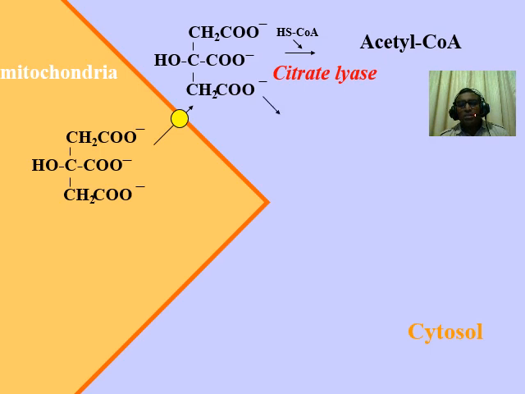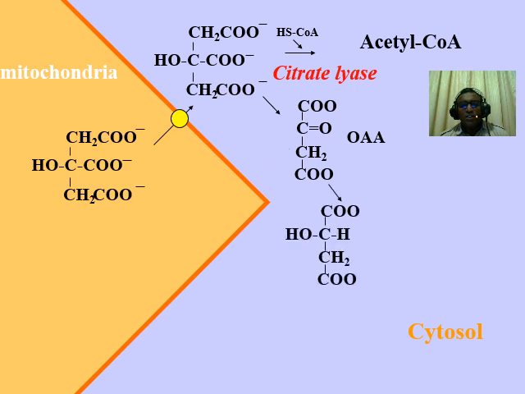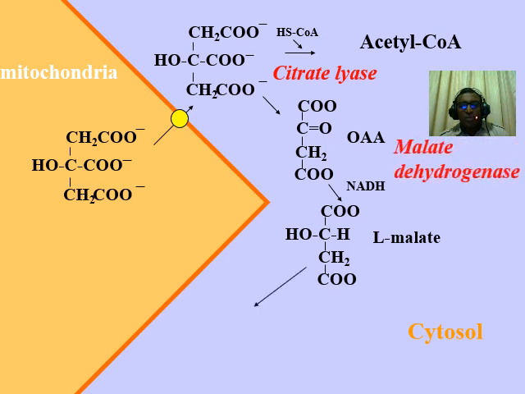The breakdown of citrate will produce oxaloacetate. This oxaloacetate cannot penetrate back into the mitochondria, therefore it needs to be changed into malate. Firstly, malate can go back to the mitochondria, but malate also can be converted to pyruvate.